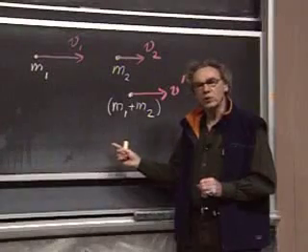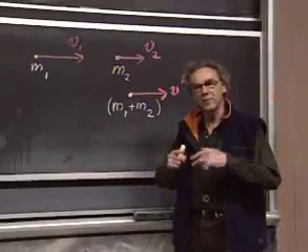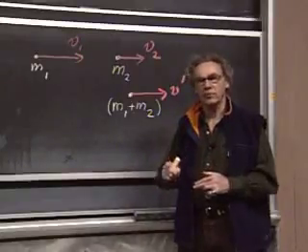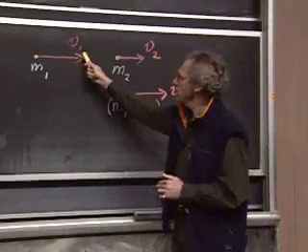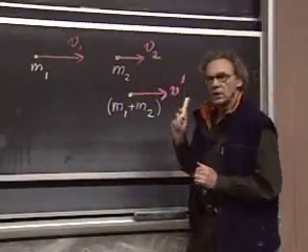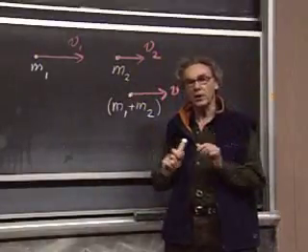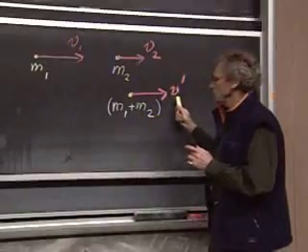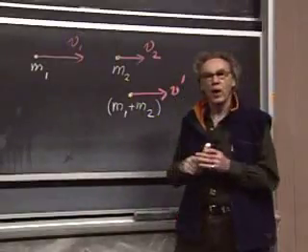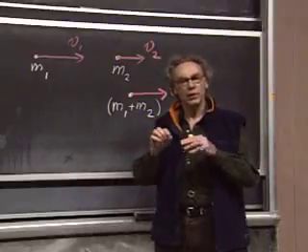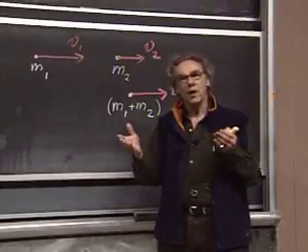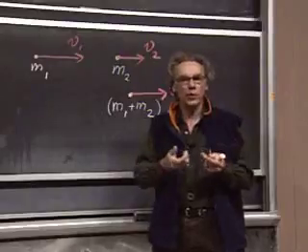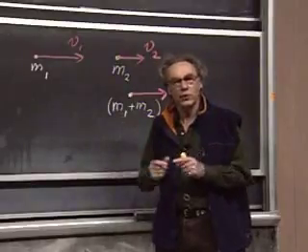When we deal with collisions, the velocities of the objects before the collision are unprimed. You see here v1, and you see here v2. The velocities after the collision, by convention, are primed. You see here a v prime. If after the collision object 1 and object 2 had different velocities, we would call them v1 prime and v2 prime.